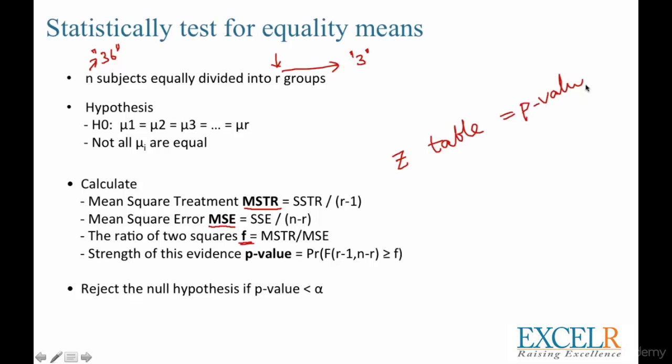We have also looked at the T table to calculate the p-value. And here we will be looking at the F table to calculate the p-value. And thereby you get a p-value, right? That is how you get the p-value for F distribution. And hypothesis we have already discussed, so we need not discuss once again on that front.